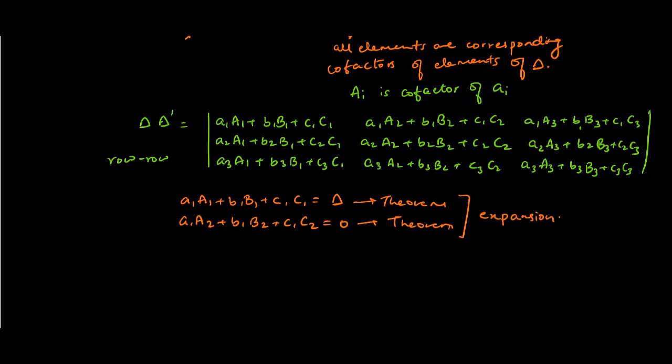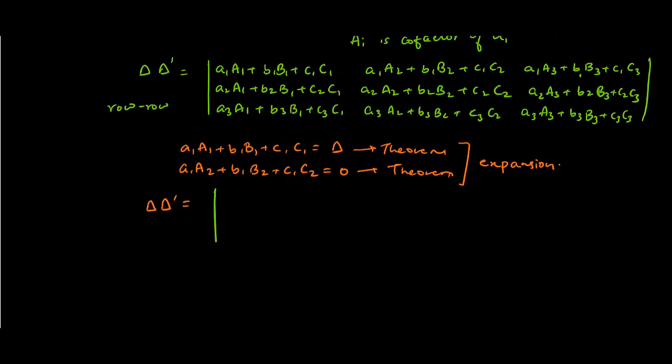So now we make use of this result to obtain that delta into delta dash will be equal to, look at this carefully, the first row first column element now becomes the value of the determinant delta.